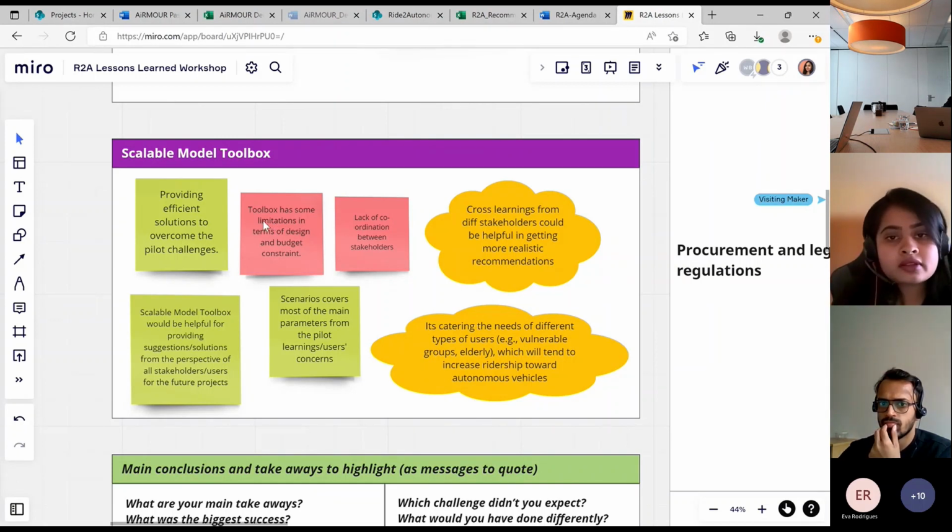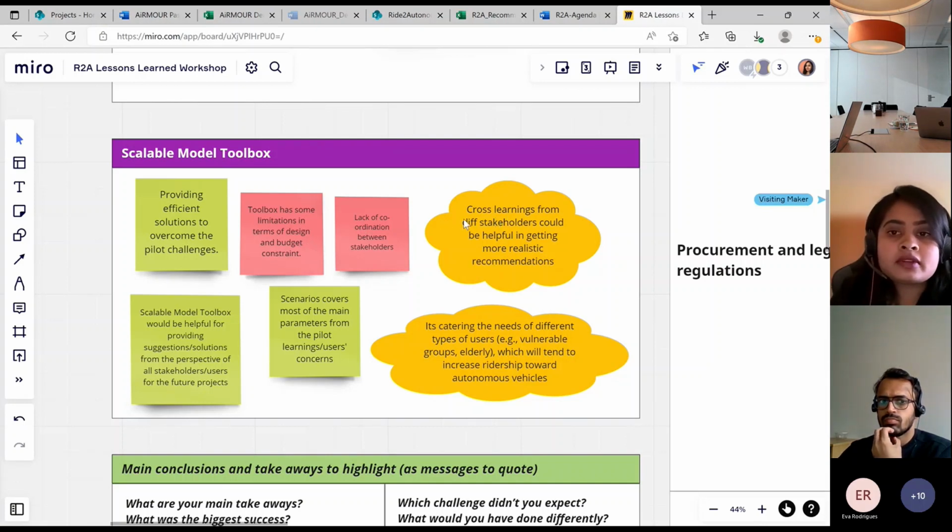And the last, this toolbox can also be linked from other European projects. Some other projects also have a toolbox, not the same, but for autonomous vehicles, so we can mutualize them and link into them for better aspects from the users.